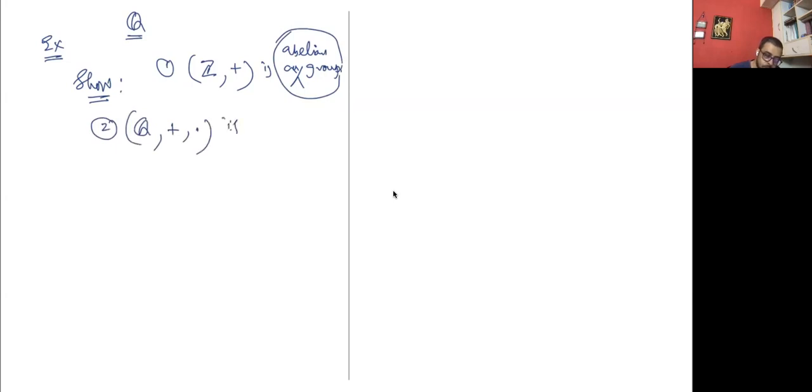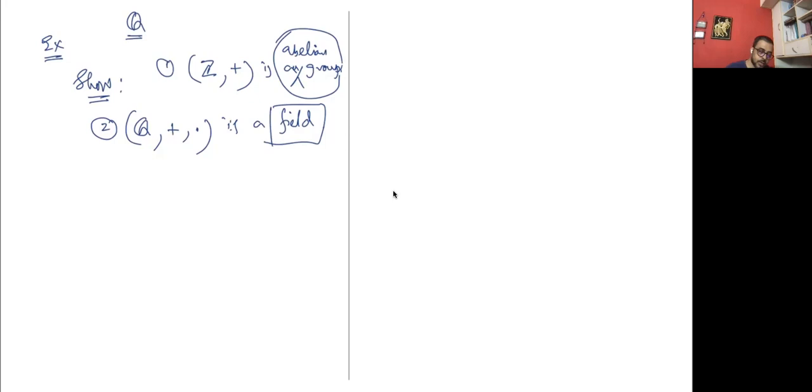This is a field. Again, this means while defining the set of reals, we had these first 4 conditions, then another bunch of 4 conditions, and then the third condition which connected the 2 operations. So those 3 sets of conditions are the defining conditions of a field.